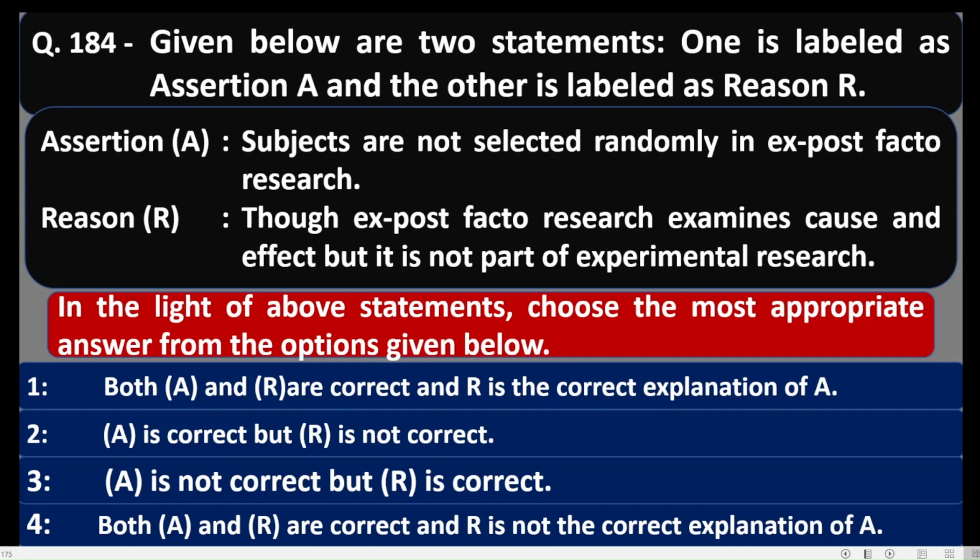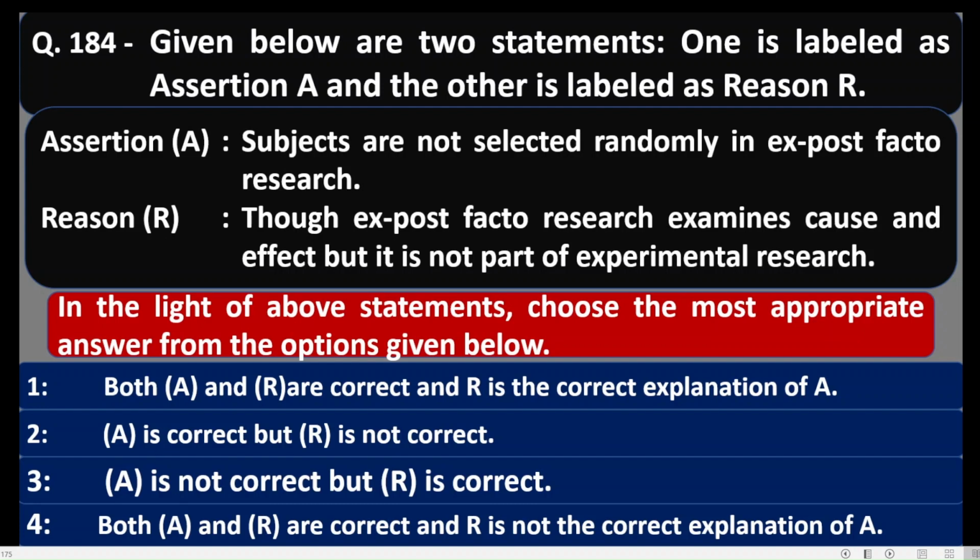Now see the assertion. Subjects are not selected randomly in ex post facto research. It is true. In ex post facto means in causal comparative research method, subjects are not selected randomly. It is true. The statement that is given in reason is true, but it is not a reason of assertion A. Though ex post facto research examines cause and effect, but it is not part of experimental research.